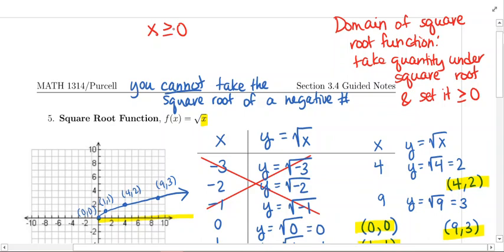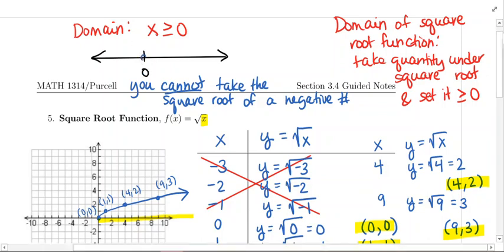This is telling us that the domain here, you can only plug in x values that are 0 or bigger than 0. So if you look at your number line, remember I had you solve the inequality and then you had to turn it into a number line. So what would be our domain here? The key point here is 0.